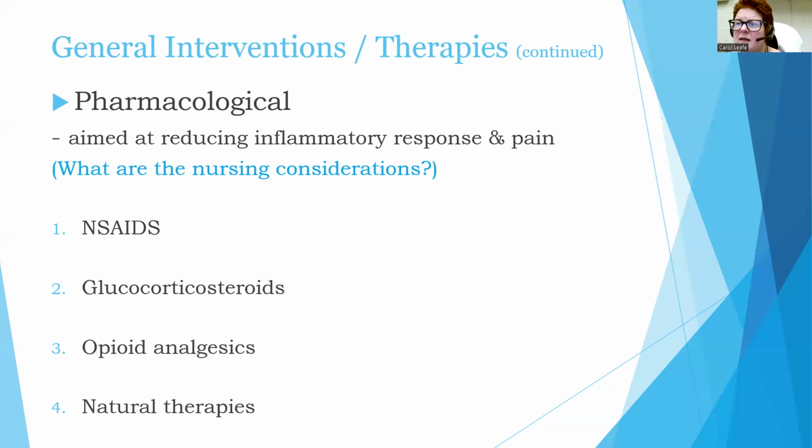So you might find some older patients even taking CBD oil to help with whatever inflammatory responses they're having. But all of that needs to be taken into consideration in addition to the other medications they're taking.